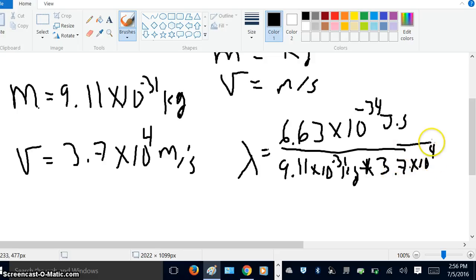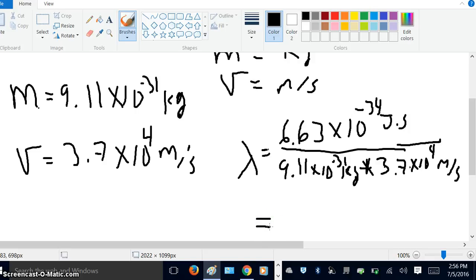Remember, that's all in the denominator, and it's, of course, meters per second. So all these units cancel except for meters.